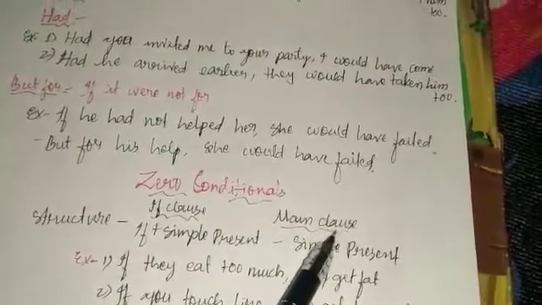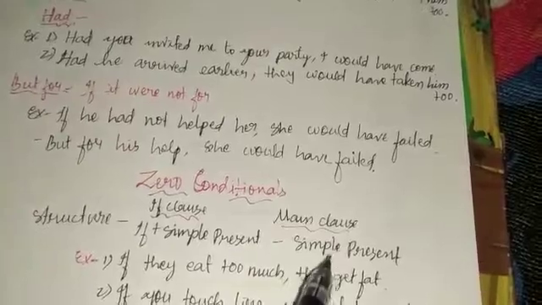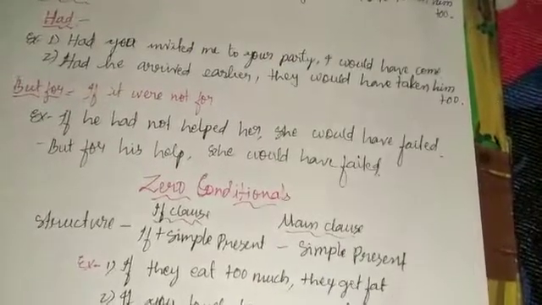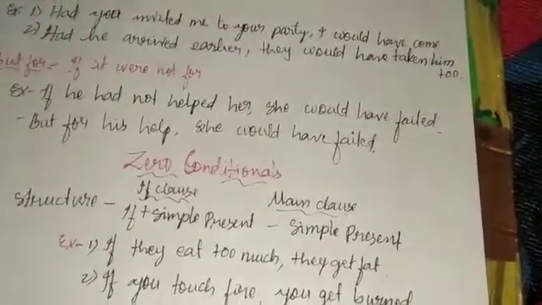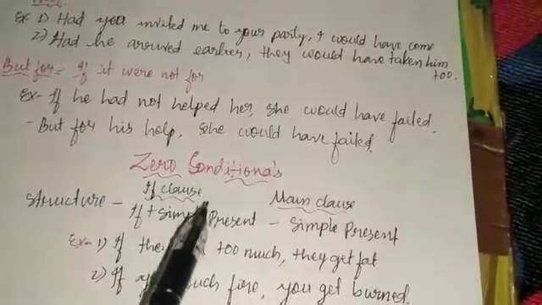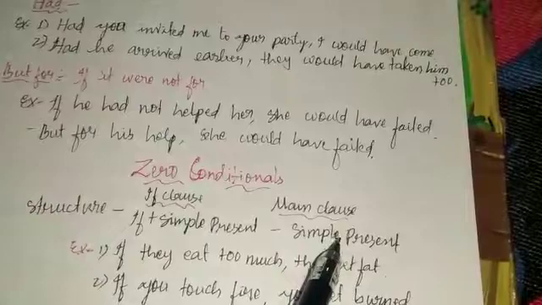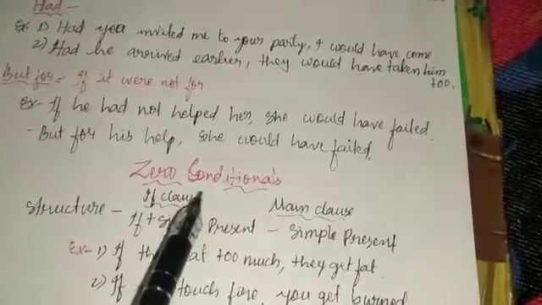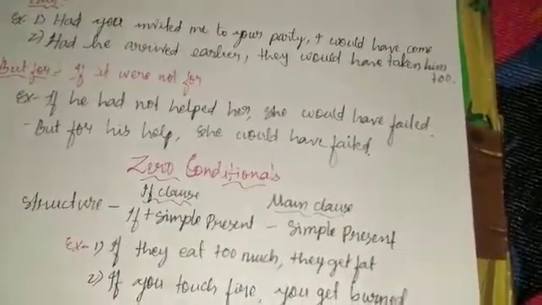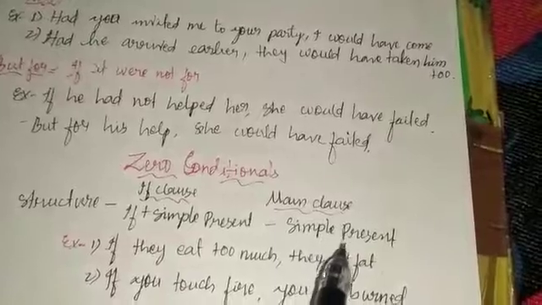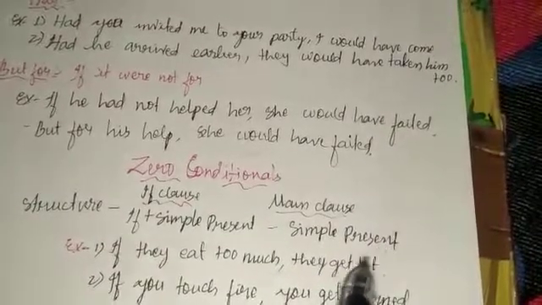At the same time, in the main clause also it must be simple present instead of simple future. In conditional 1, the structure is if plus simple present. In the main clause it is simple future. But in zero conditional, in the main clause it must be simple present as well.